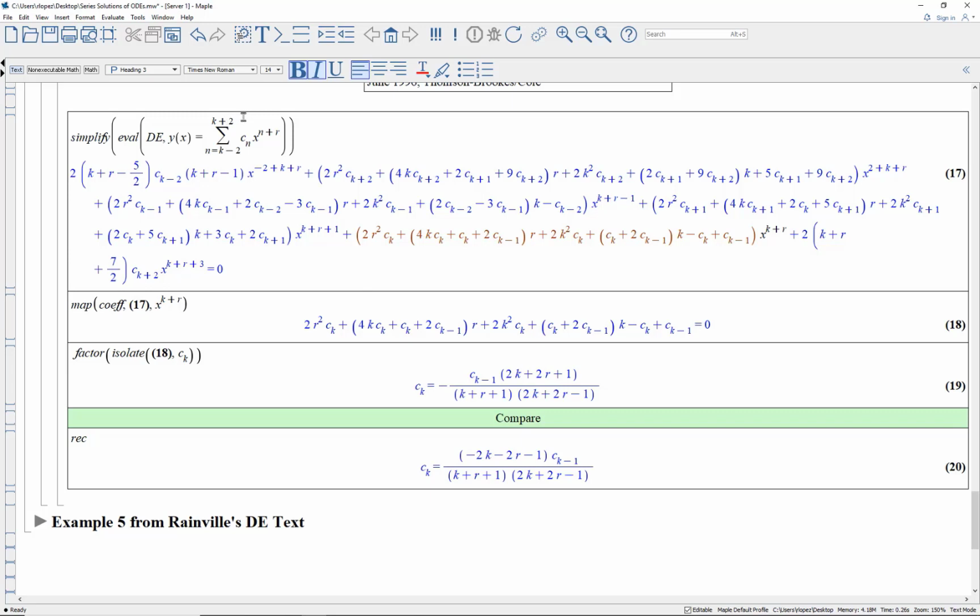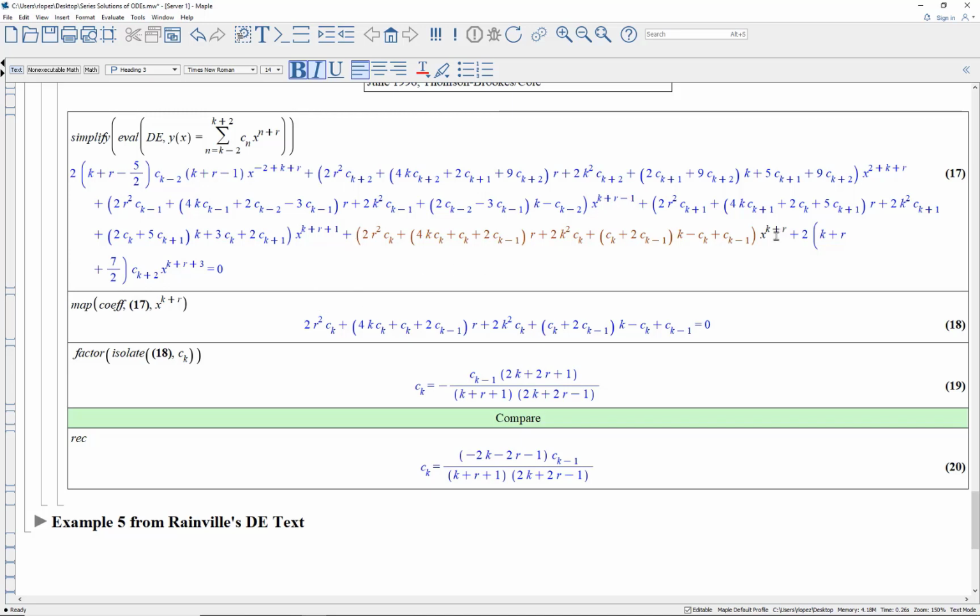And you might have to massage those limits for a given differential equation. After plugging in, you do a simplify, and you'll notice that here is the term with x to the k plus r. These other terms, x to the k plus r minus 1, x to the k plus r minus 2, you don't want those. You want this term here.